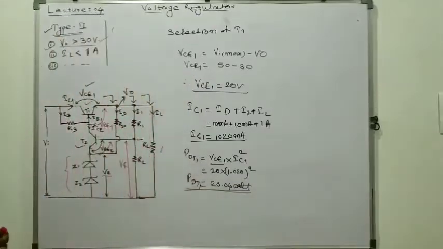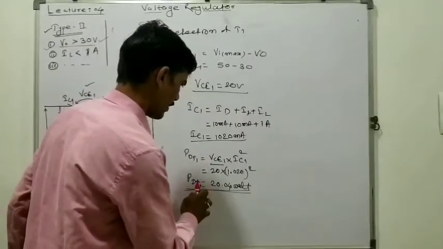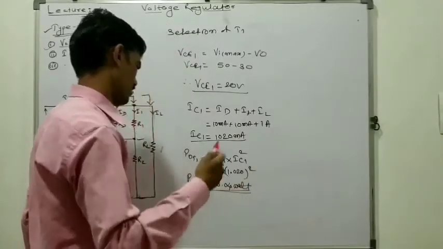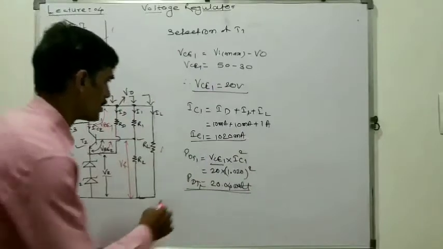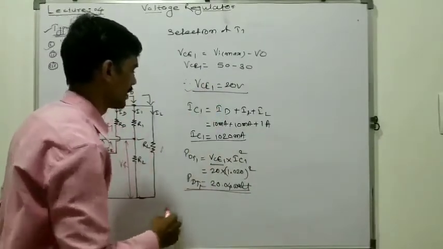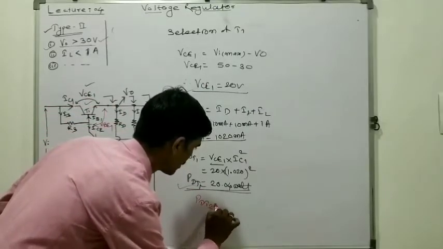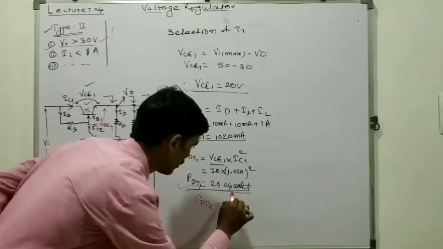So select a transistor T1. Now we have to select a transistor T1 with a power dissipation of 40 watt. We have to consider the power dissipation exactly double or greater than double the value of this. So select a power transistor with VCE1 equal to 20 volt, and power dissipation greater than this value or double this value.